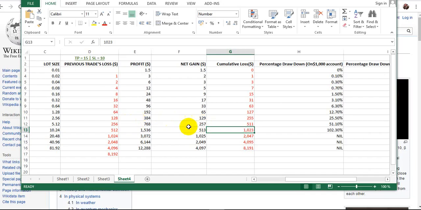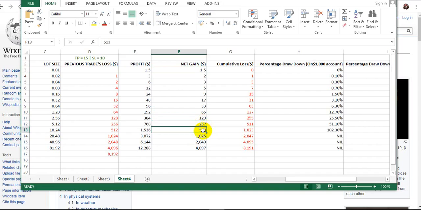let's count this: 1, 2, 3, 4, 5, 6, 7, 8, 9, 10, 11. On your 11th trade, you're making $530, a 13% net gain. Sorry, on your 10th trade you're making $513.